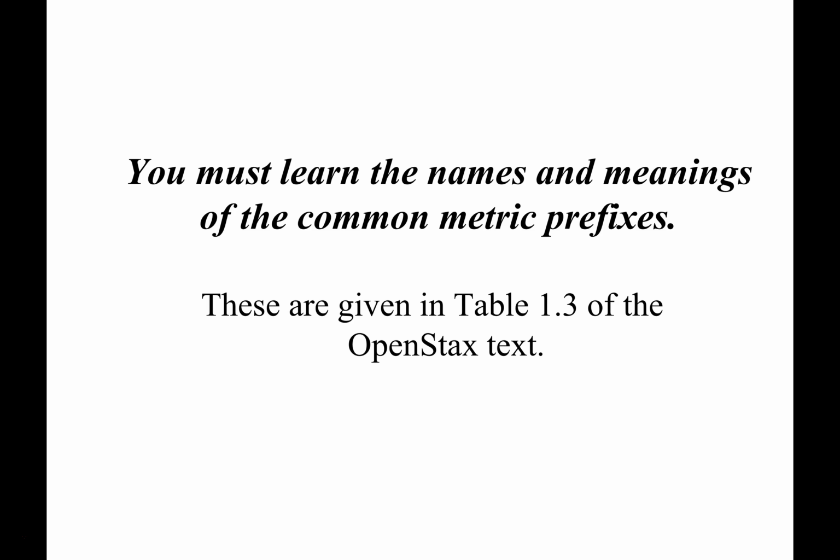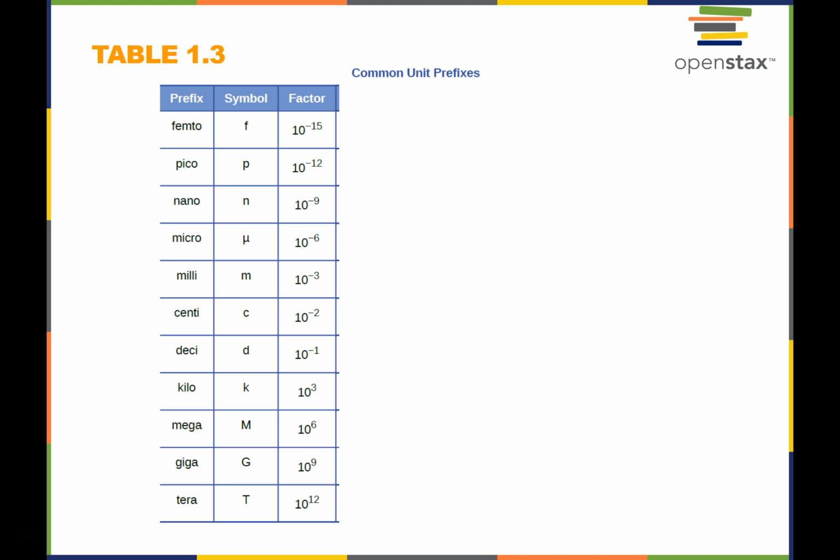So in OpenStax is this table right here. So this is 1.3. So you're going to need to know these metric prefixes. Oh, serious. Now what I usually tell students, and I think it's worked in the past, so I'll go ahead and tell you this, is the ones you need to memorize. There's only about 4 you need to memorize. To do problems, you're going to have to know all of them. But the 4 you're going to need to come to a test look like this.